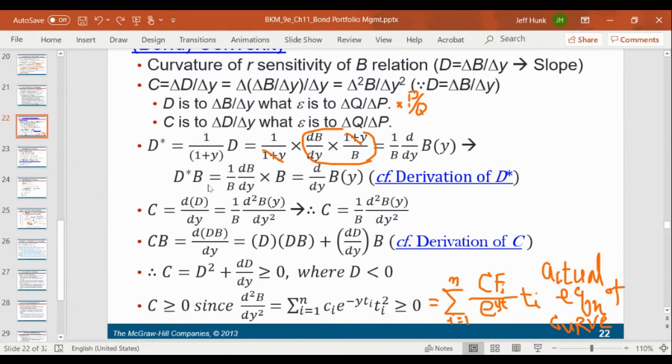Well, you can multiply B on both sides, and then it will simply become dB over dy. That's delta, basically, change in B over change in y. Now, if you want to review the derivation of modified duration, you can click on this, and it will take you to it.